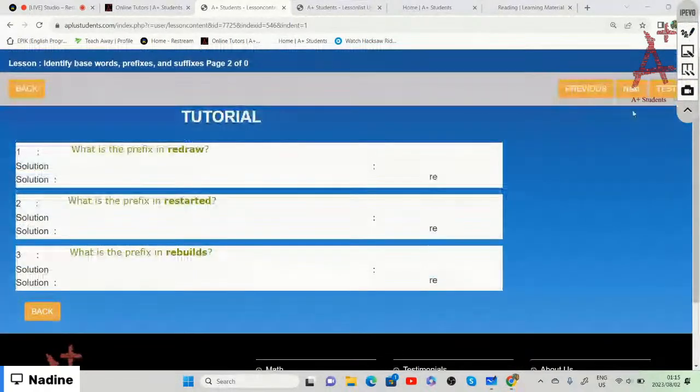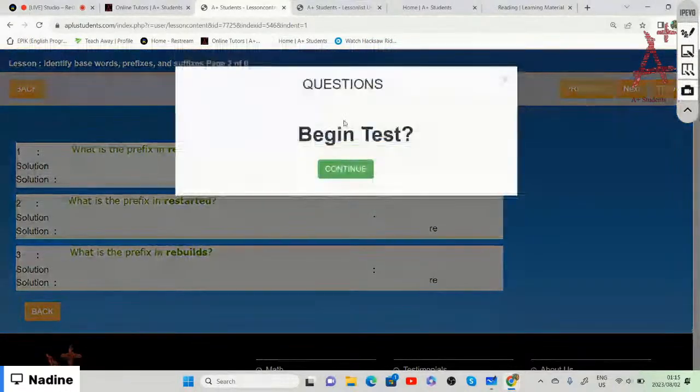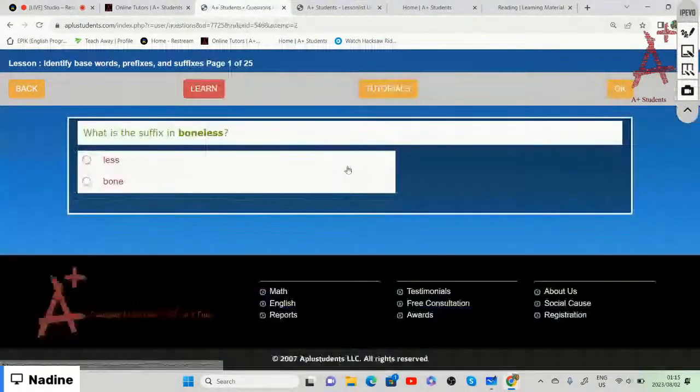Let's go to the test. We need to identify the suffix in boneless. Remember, the suffix is the word part that we add after the base word.